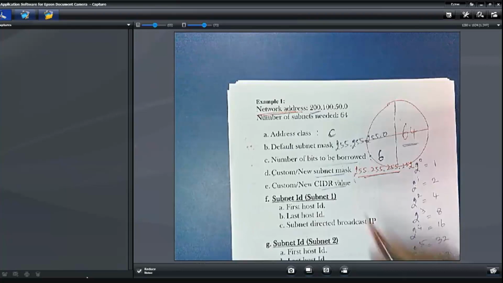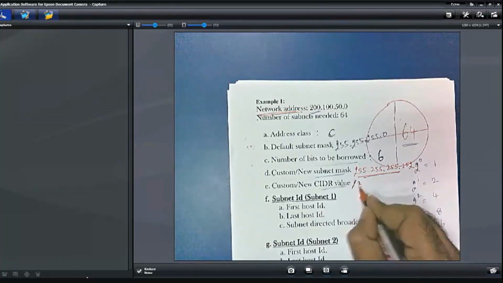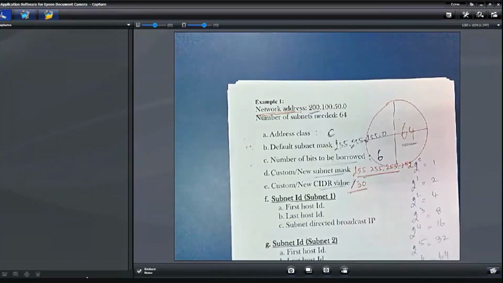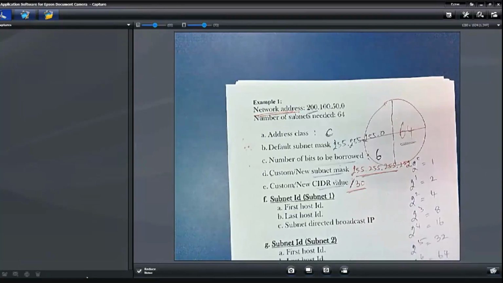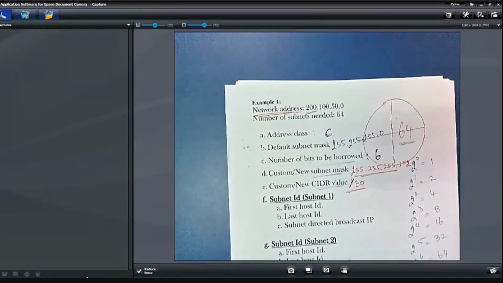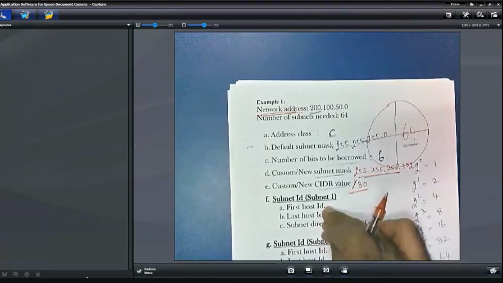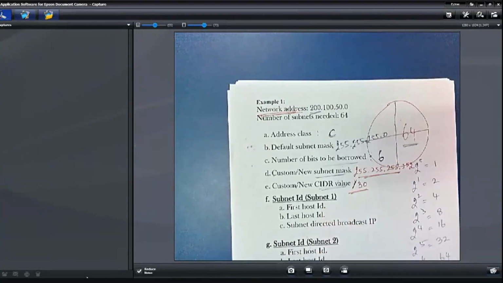What is the CIDR value? /30. This is our new CIDR value. Then you can go for the first subnet, second subnet, third subnet, like that. All 64 subnets you can find, but there is no need to find all 64.